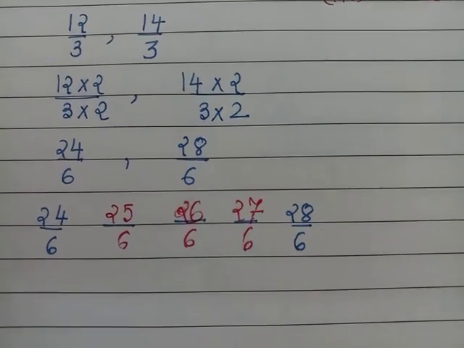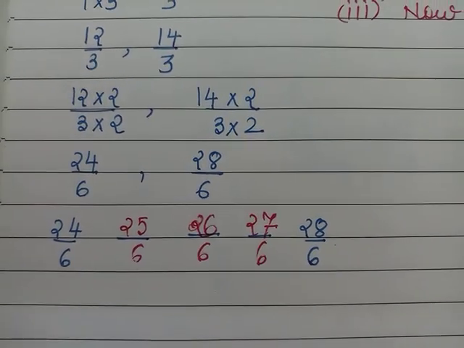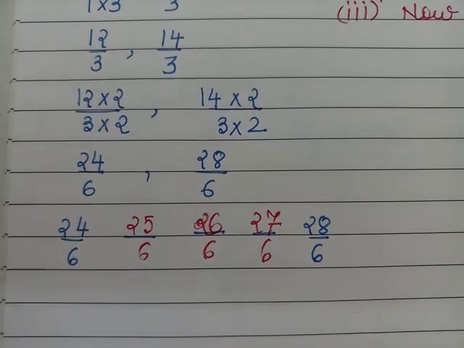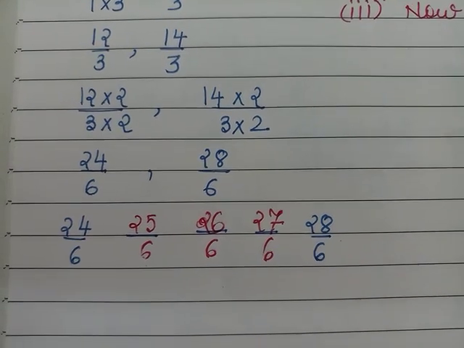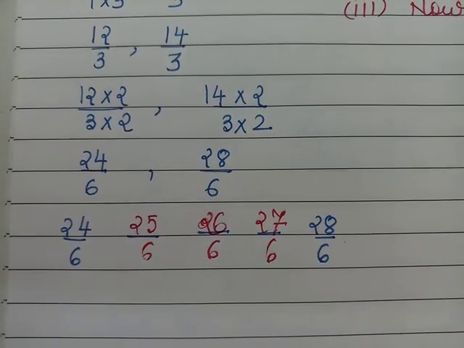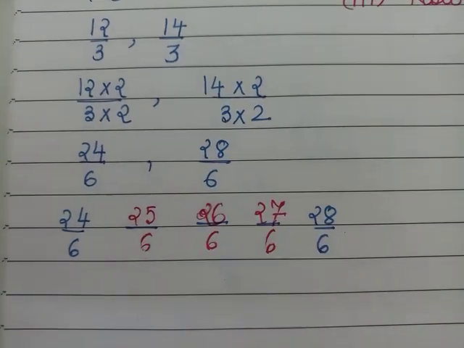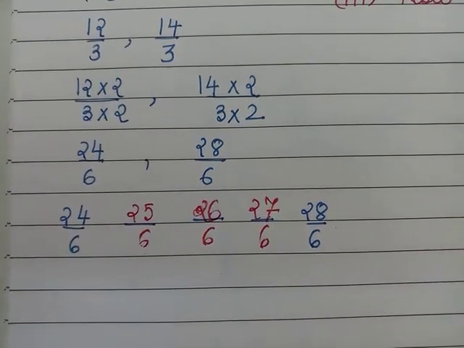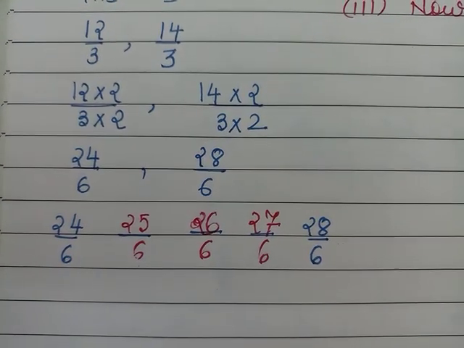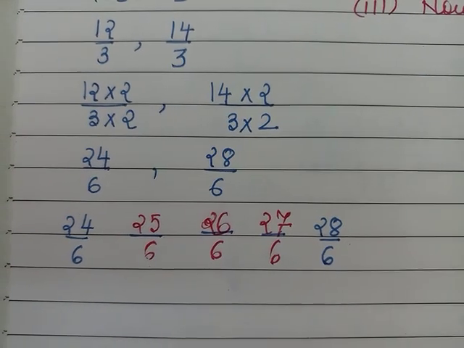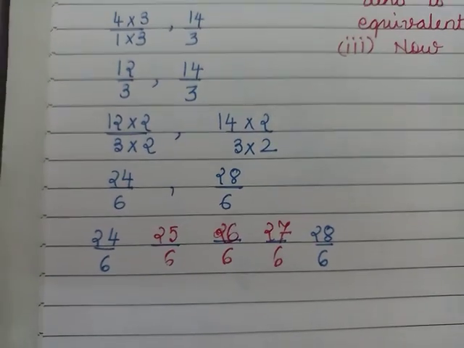So the procedure is, first we convert them into like fractions, then we multiply by any number in such a way that we get a larger equivalent fraction, and we can insert the required number of rational numbers.